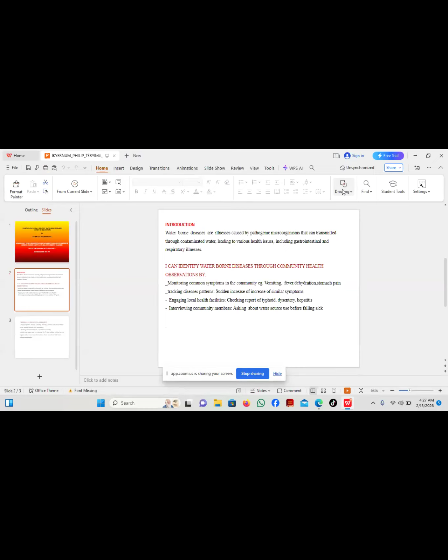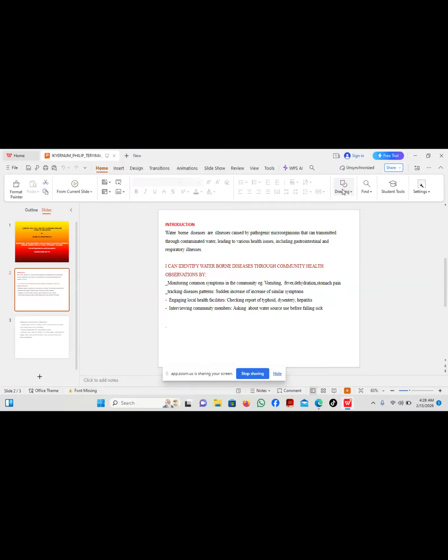I can identify waterborne disease through community health observations by monitoring common symptoms in the community, e.g., vomiting, fever, dehydration, stomach pain. Second, by tracking disease patterns, such as sudden increase of similar symptoms.